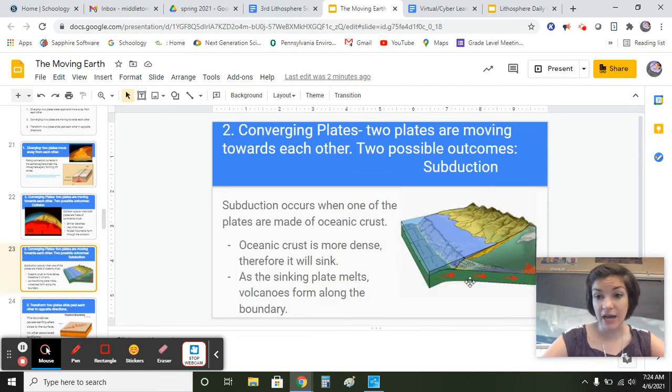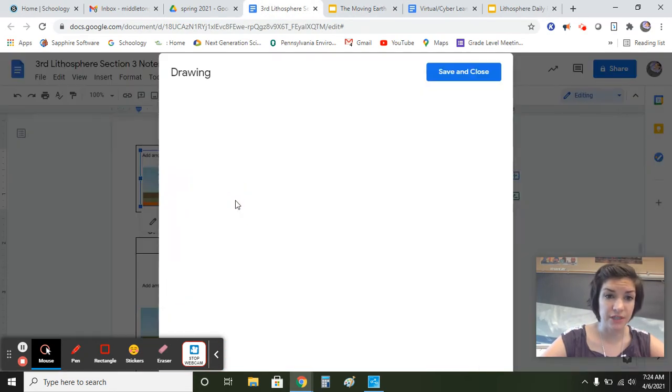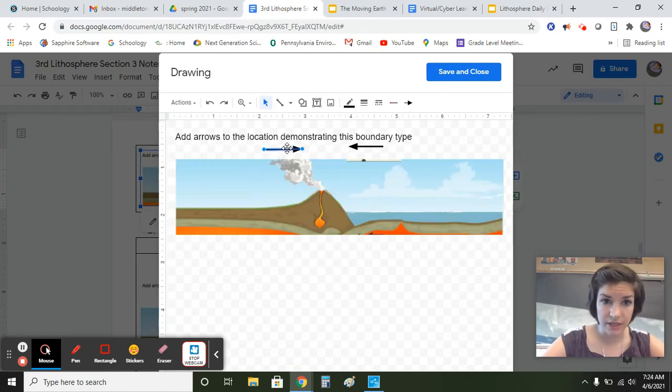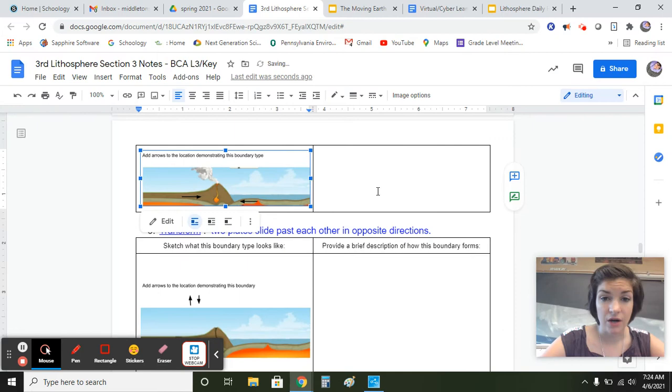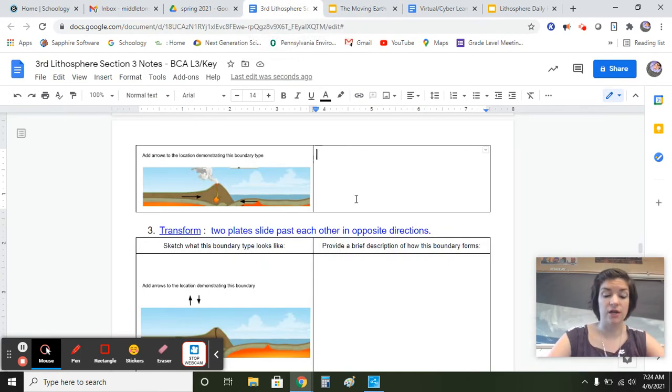The other thing we can get, I already showed you, is subduction. If we look at our image here, you have two plates coming together. One is going underneath, sliding underneath, and subducting and melting and making a volcano. So subduction occurs when one plate is made of oceanic crust.